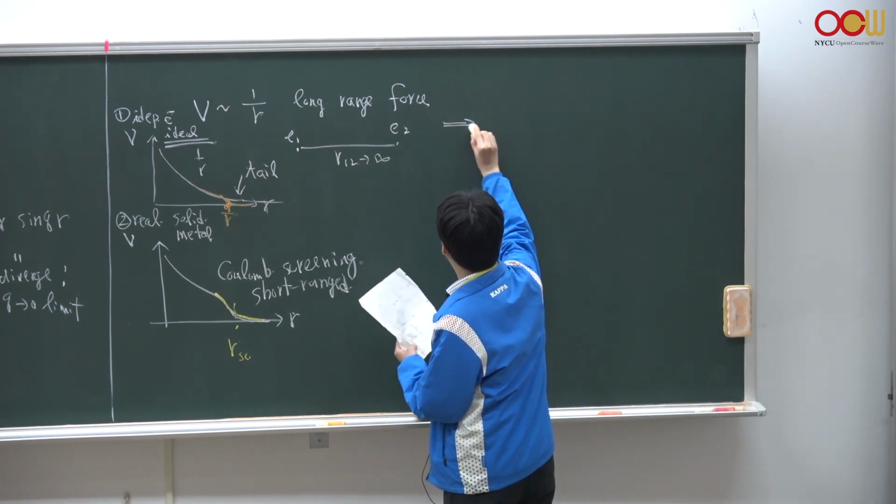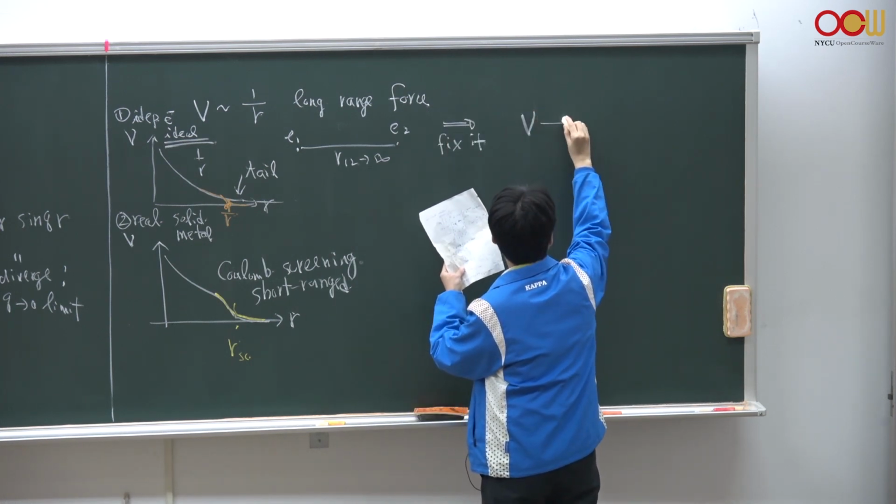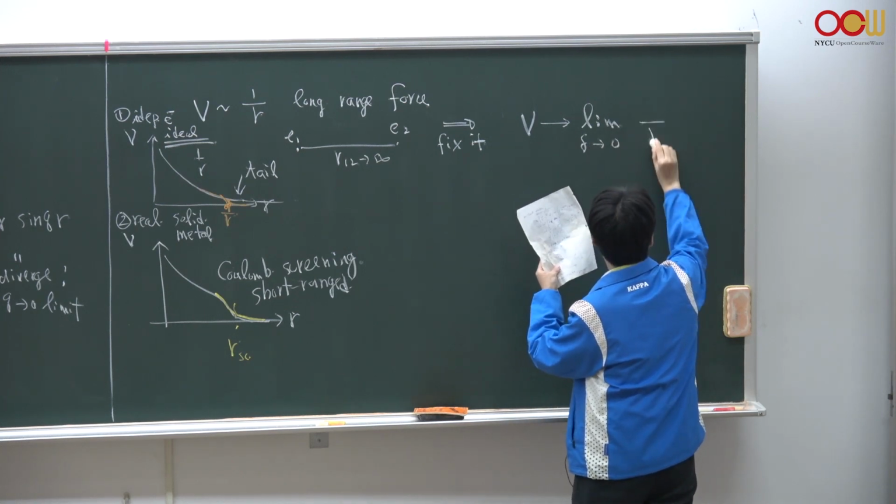So we can fix this problem by introducing the convergence factor, so-called delta.